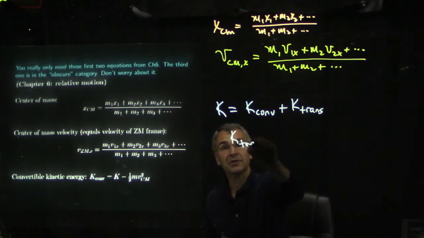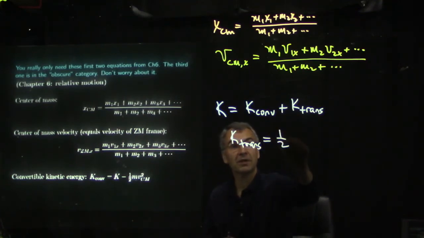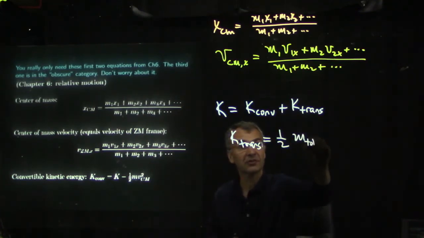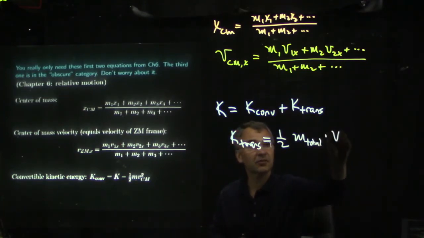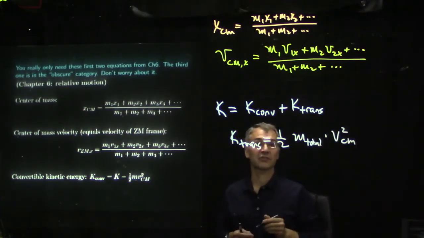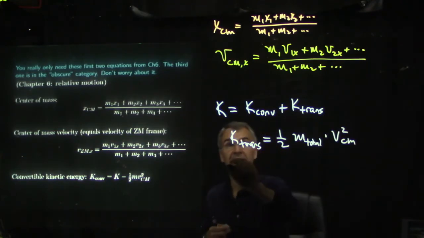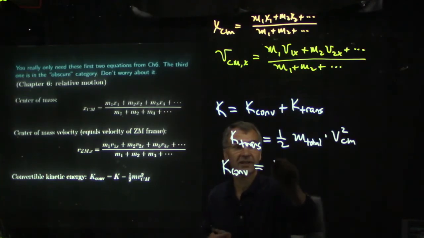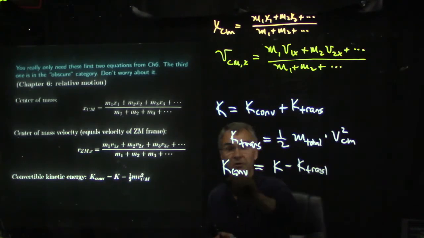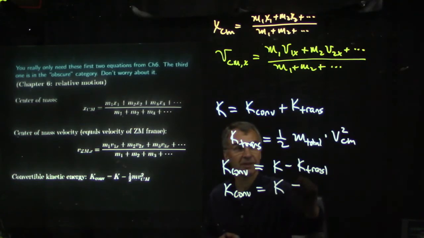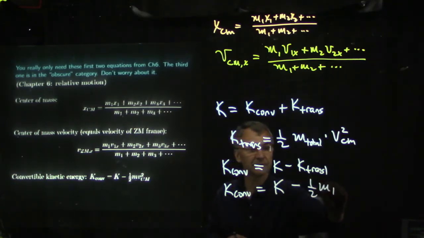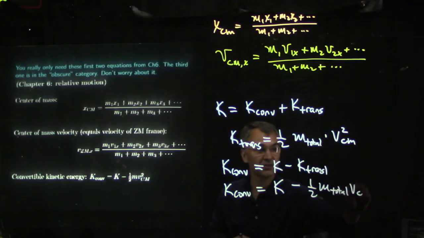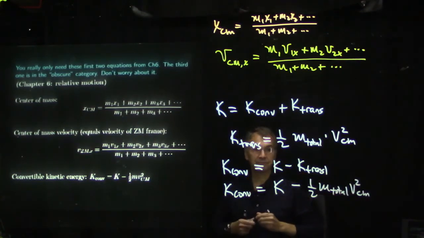And the translational part is 1/2 times the total mass of the system times the center of mass velocity of the system squared. And then the convertible kinetic energy is just the kinetic energy minus this translational part. Or you could say the convertible kinetic energy is the kinetic energy minus 1/2 m total v_cm squared.